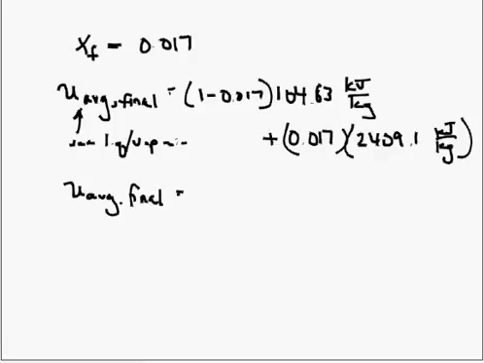is that our average final specific internal energy is 143.75 kilojoules per kilogram.